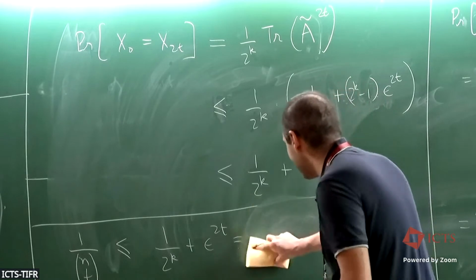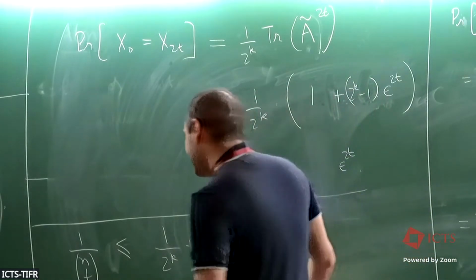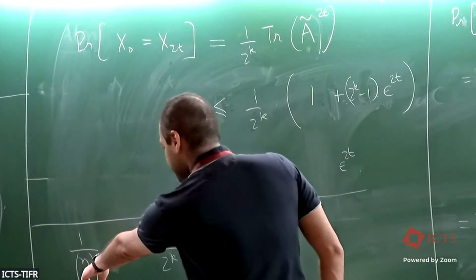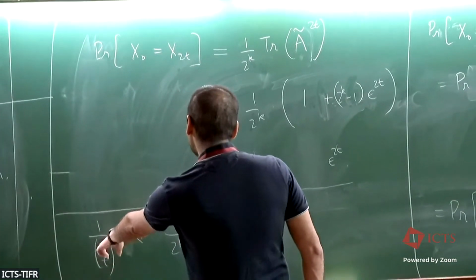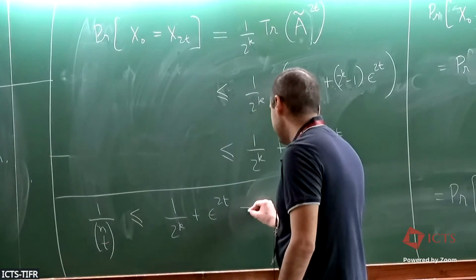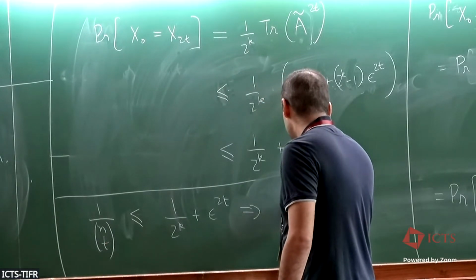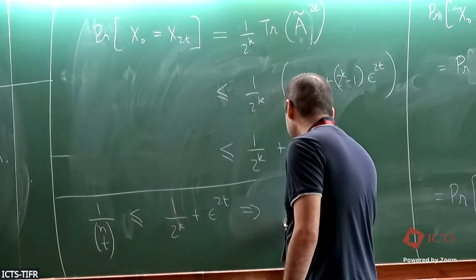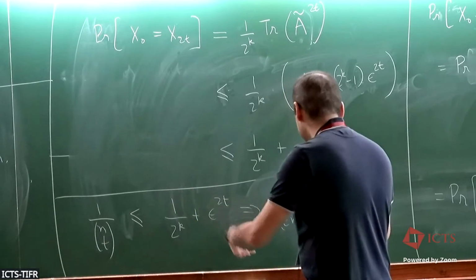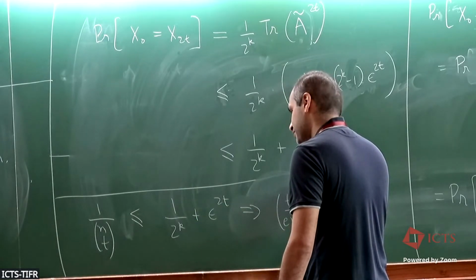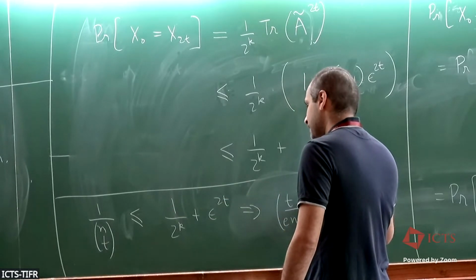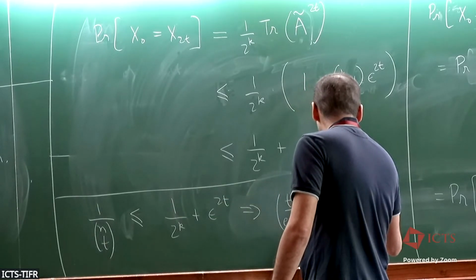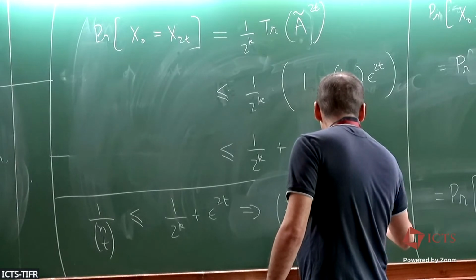Let me take roots beforehand. n choose t is like n over t, whole to the t, so this means t over en, to the power t, is at most 1 over 2 to the k plus epsilon to the 2t. I'm just doing some approximation.